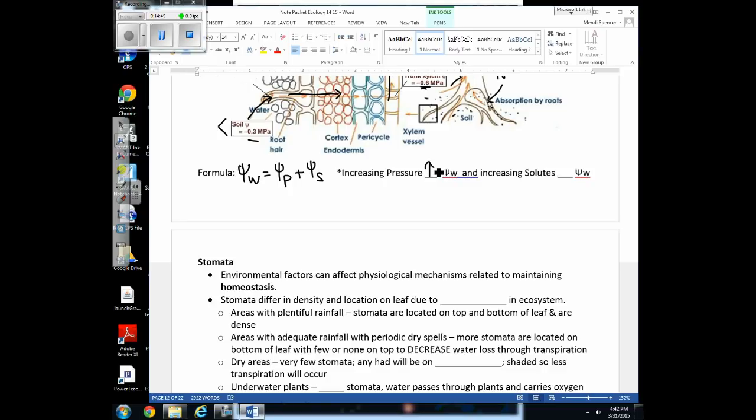So if you increase pressure, you're increasing the potential of water to leave. If you increase solutes, you're going to drop water potential. Remember, if you had a beaker of pure water, the water potential was 0. But if you added solutes to that beaker, it made the water potential more negative.